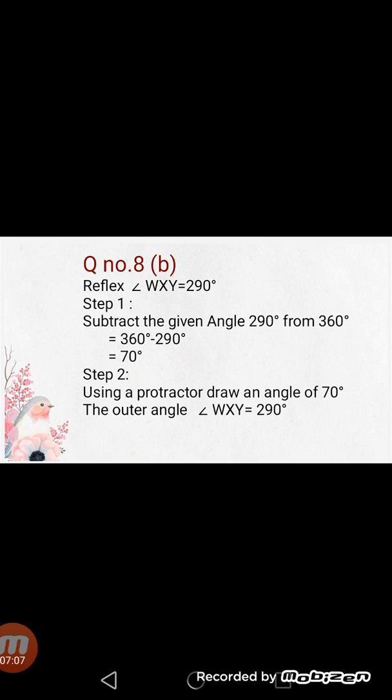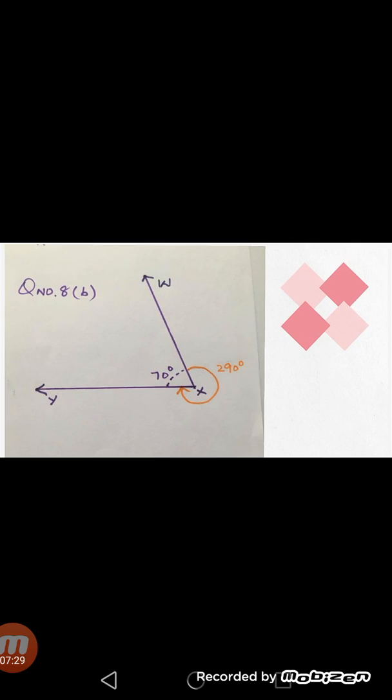Now see the second part of question number 8. We have given reflex angle WXY which is equivalent to 290 degree. Similarly as previous question, we will subtract 290 degree from 360 degree, and the result will be 70 degree. So we will draw by using protractor a 70 degree angle.